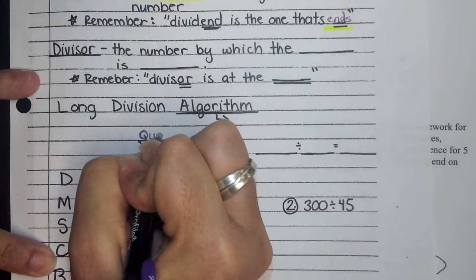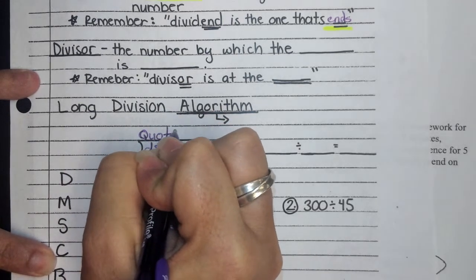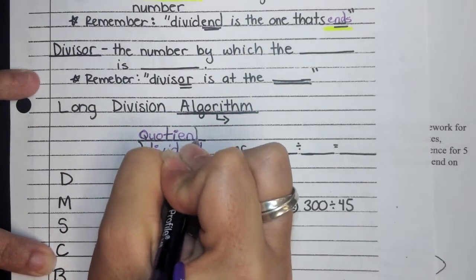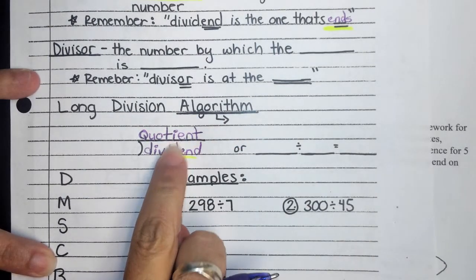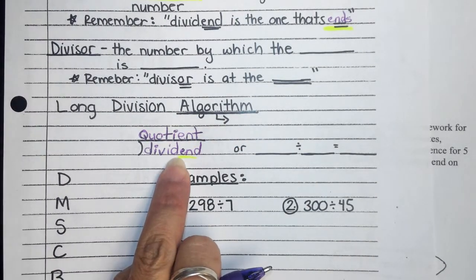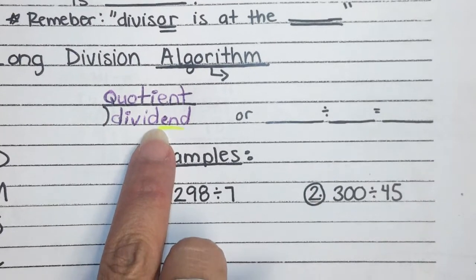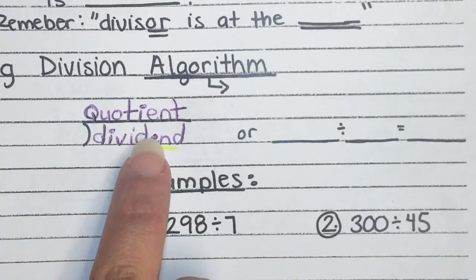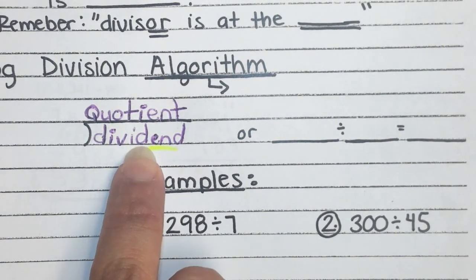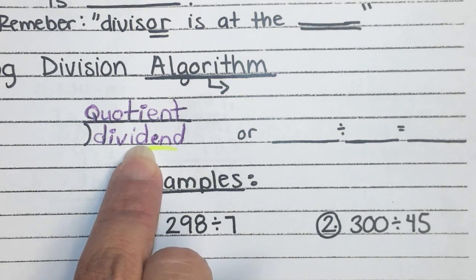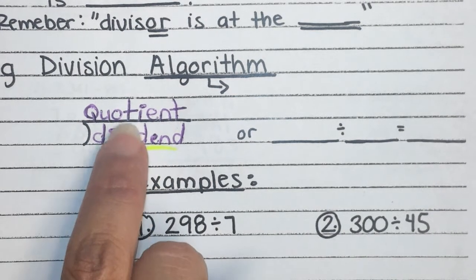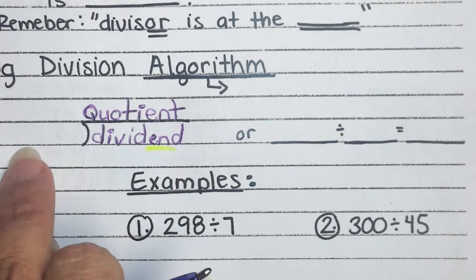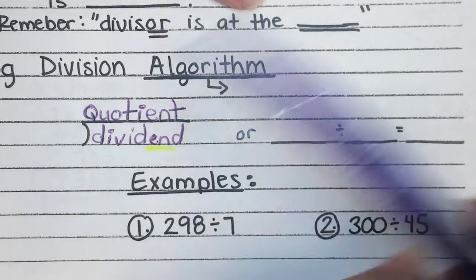It's what's on top. The quotient is on top. Make sure you fill this in, guys, because it's kind of hidden down here in the middle. So we've got dividend is in the house. Quotient is up top. What is on the outside that we haven't talked about?